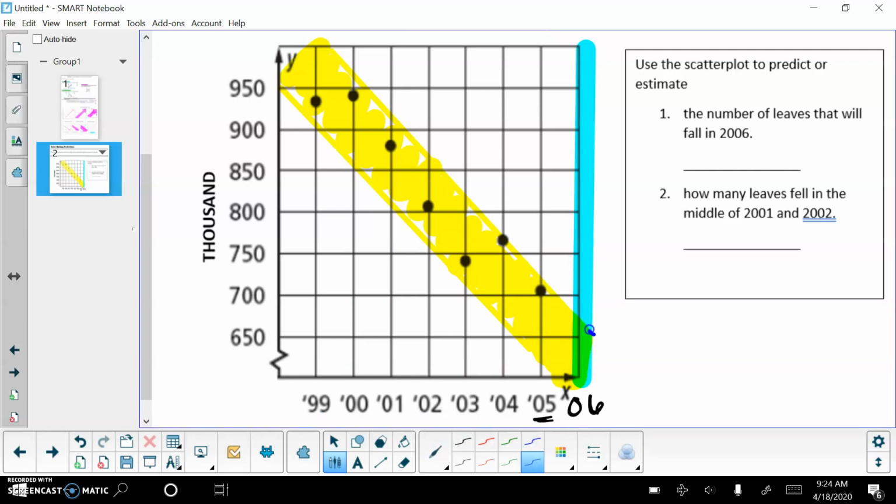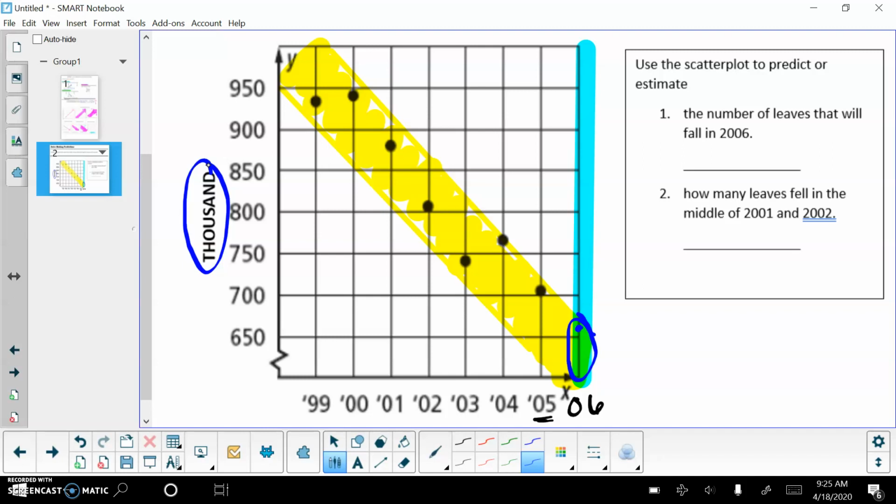Any spot in there I can use and say that's a pretty good prediction about where the leaves might fall. I could put a point here, as long as I'm on the 2006 line, and say that looks slightly above 650. This is in thousands, so maybe 625,000.